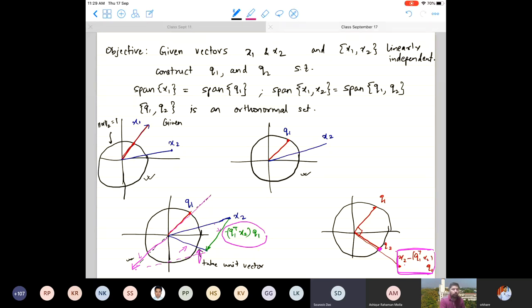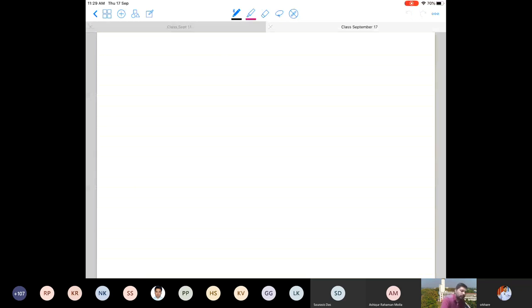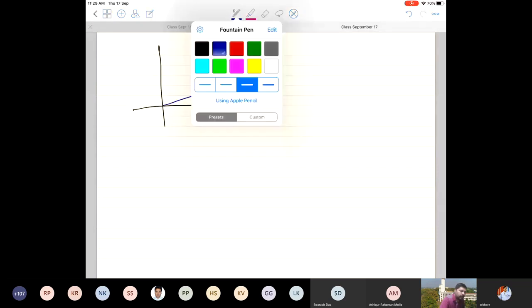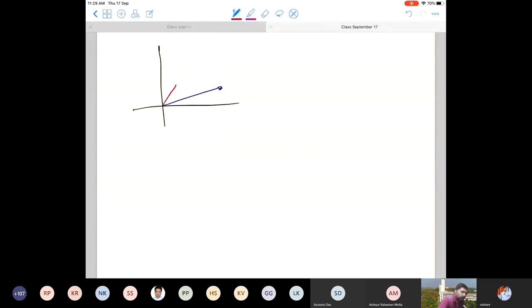I didn't follow that. So what we are basically doing is, see, there is q1 and you want to find out an orthogonal vector to q1. In order to find the orthogonal vector to q1, what do you have to do? It is something like this. You have a vector x2 sitting somewhere here, and you have a vector q1 which is an orthonormal vector.